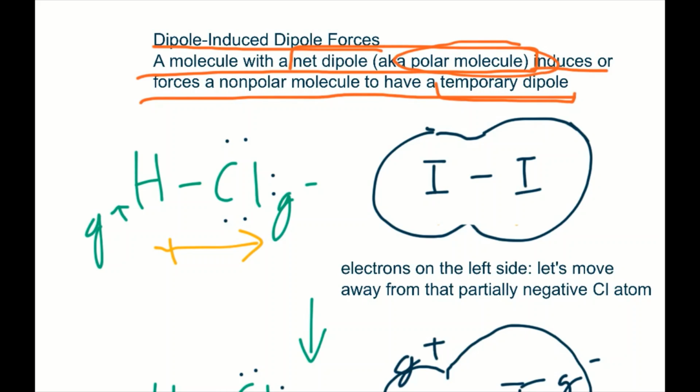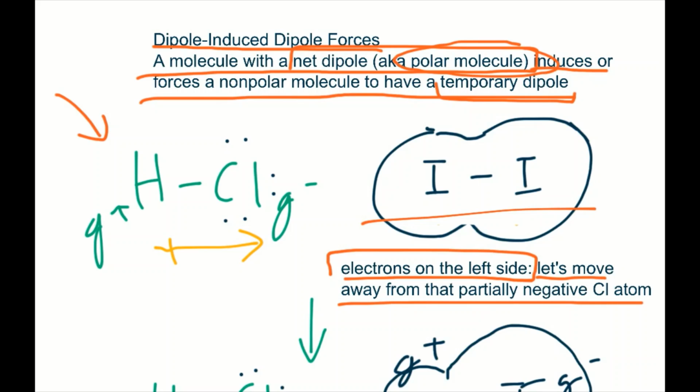So, for example, HCl gas is a polar molecule, and at first these two will interact with each other, and I2 is nonpolar. The electrons on the left side of this I2 molecule will say, let's move away from that partially negative Cl atom, because this Cl atom is partially negative due to polarity, and these electrons do not want to be near that partially negative end because electrons are negatively charged.